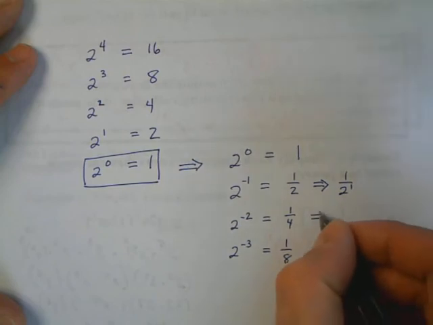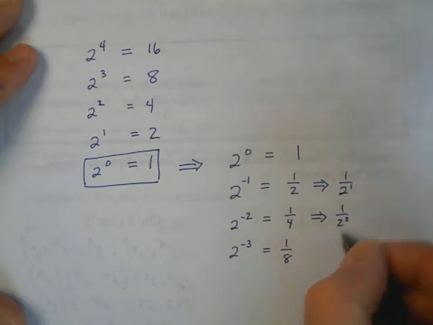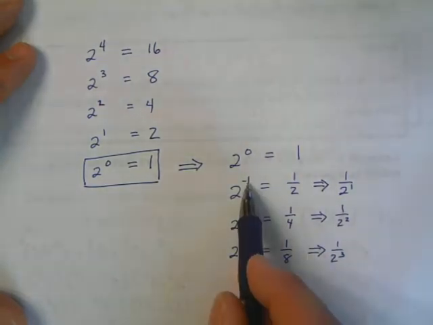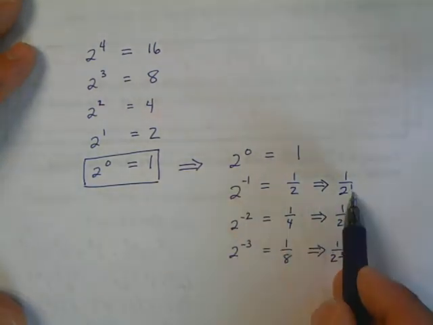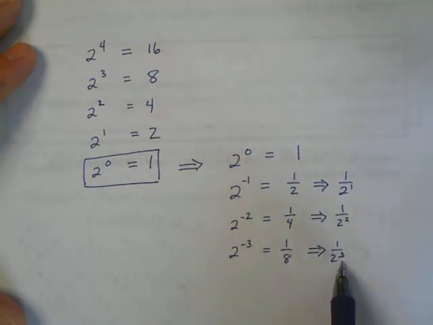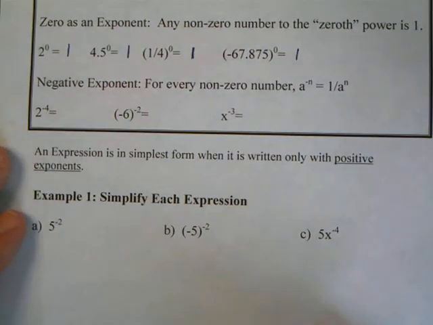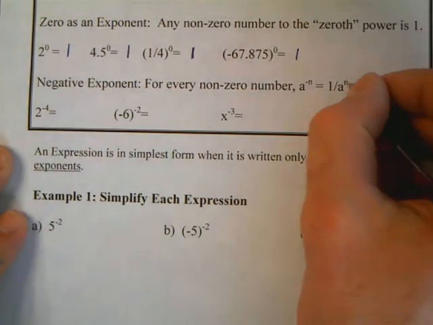Half of a fourth is 1/8. Well, let's try to write these as exponents. That's 2 to the 1st. 4 is 2 squared. 8 is 2 cubed. So what's the pattern? Well, the pattern is a negative exponent in the top becomes a positive exponent in the bottom. Nothing else changes, just the exponent and the position of the base.